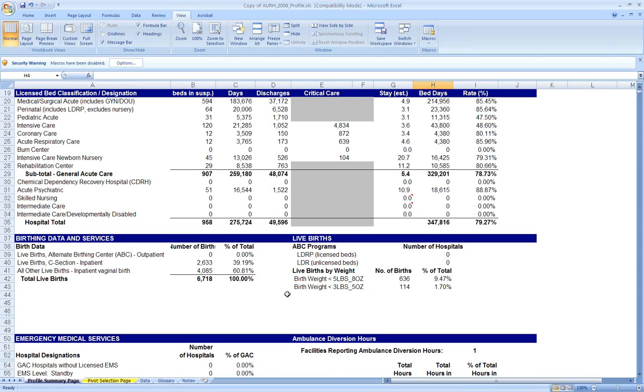The other thing you can see here is live births by weight, and these would be low birth weight and very low birth weight infants, which helps you understand the level of services that this OB unit is providing, and whether it's caring for very low birth weight children, which could increase the amount of time in the neonatal intensive care unit.